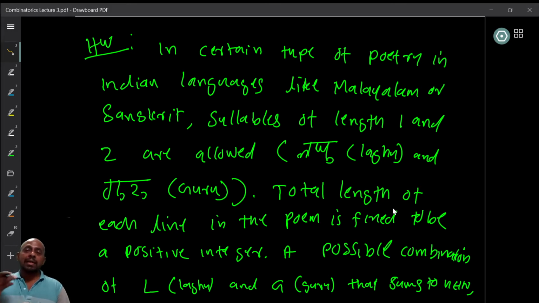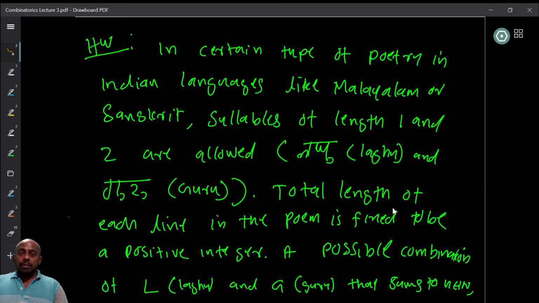The long one has exactly twice the length of the short one, and that is a long accepted convention. Even though we don't do it precisely when we talk, it should be exactly like that. So syllables of length 1 and 2 are allowed.